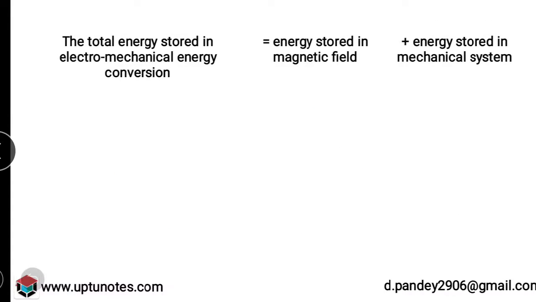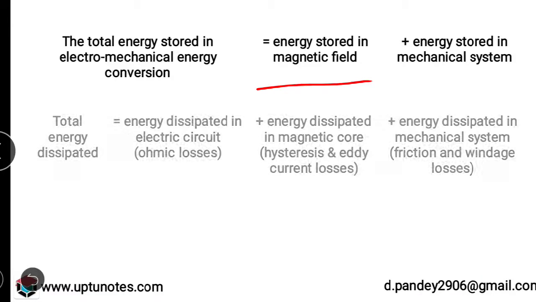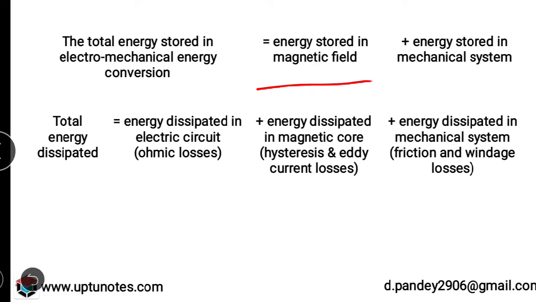So what is the total energy stored in electromechanical energy conversion? It is the energy stored in the mechanical system plus the energy stored in the magnetic system. The total energy dissipated, that means losses, contains first the ohmic losses: energy dissipated in the electric circuit due to the presence of current and resistance, since whenever current passes through it there is an I square R effect responsible for ohmic losses.